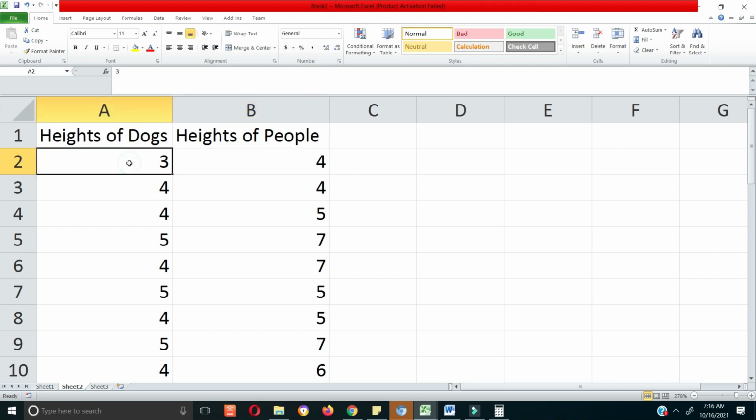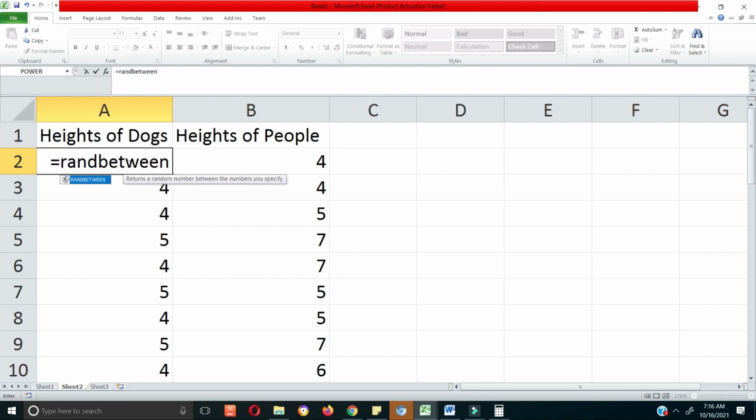Let me just increase this so that you have the same number of values between. So dogs were ranging from 2, and that was 4 to 7, so let's have 2 to 5.